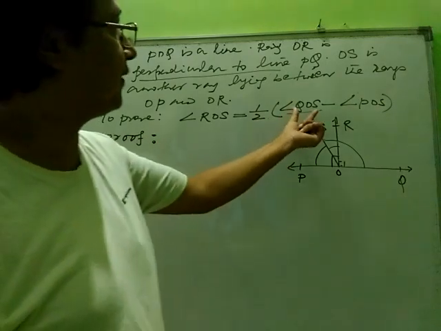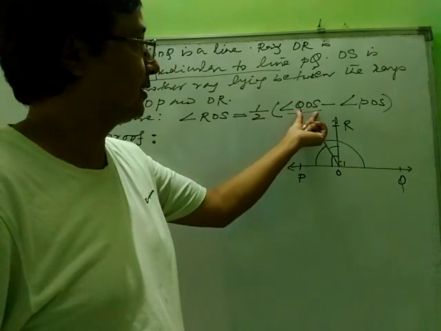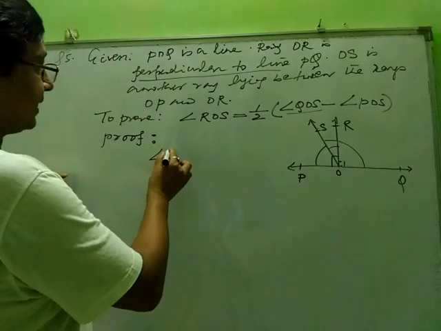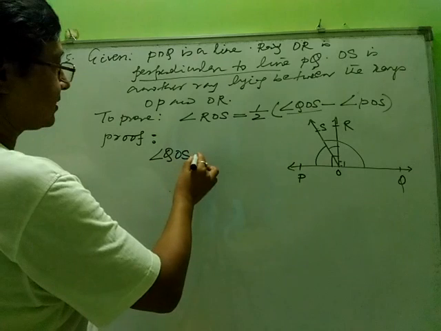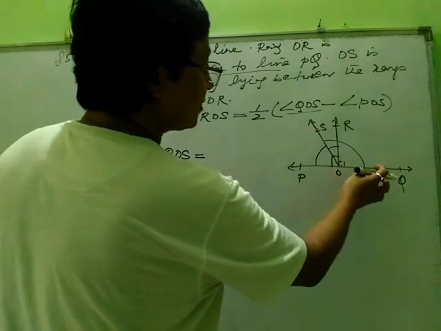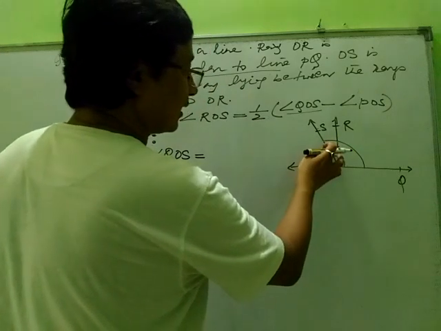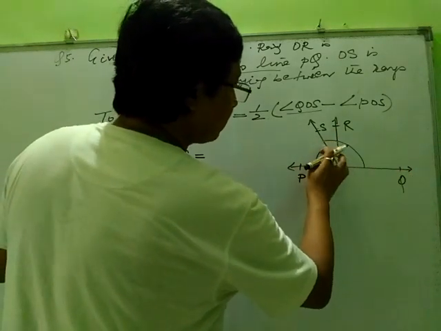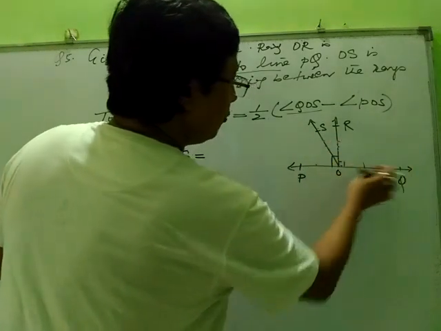So you take first QOS. So let us take angle QOS. Now QOS has got two adjacent angles, that is QOR and ROS.